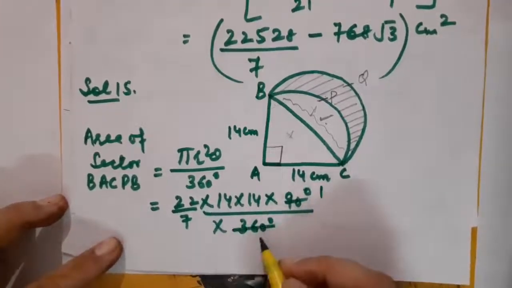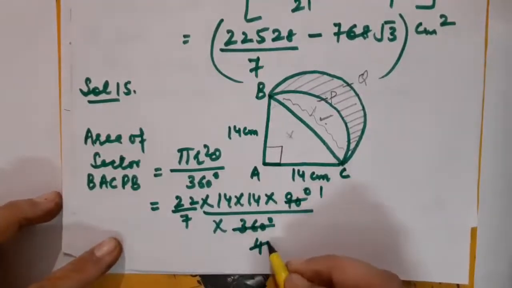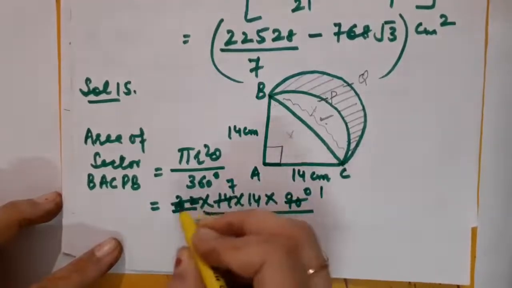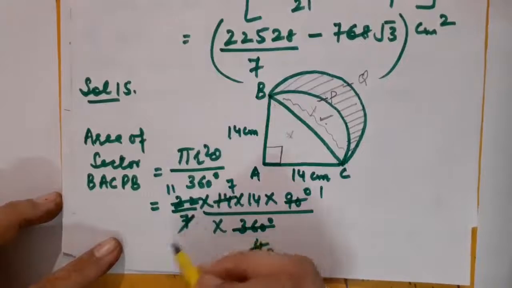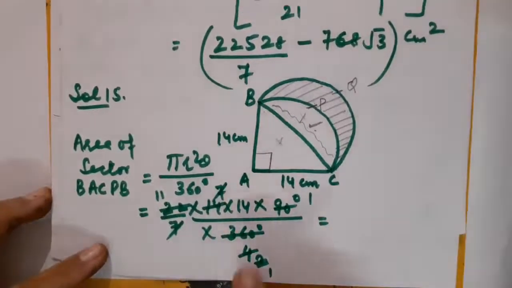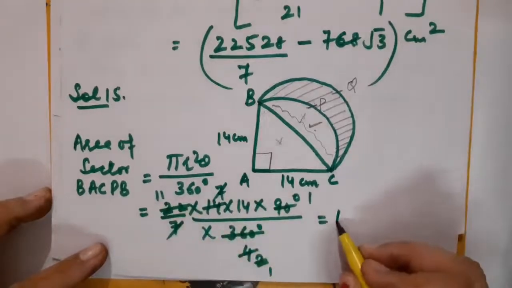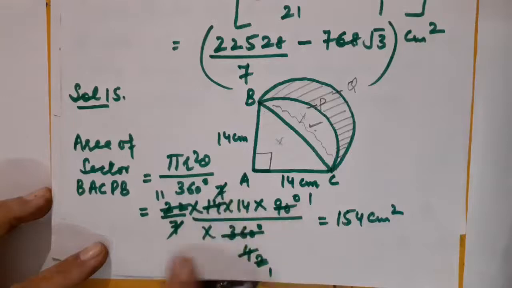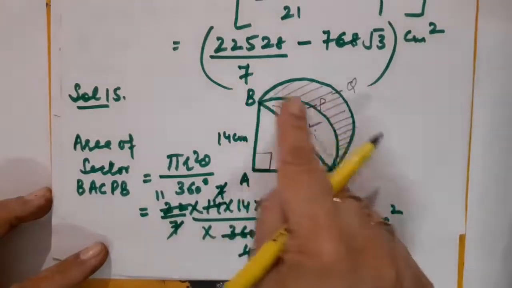Let us cancel: 2, then 7, 2, then 11. 7 and 7 are also cancelled. So children, 14 into 11, I have got 154 centimeter square. This is the area of the sector.